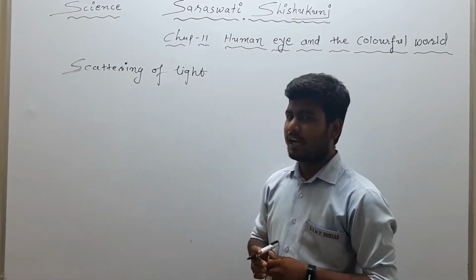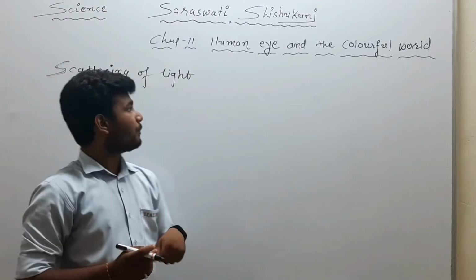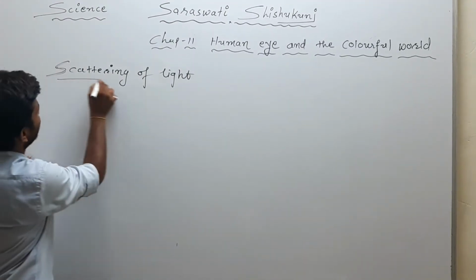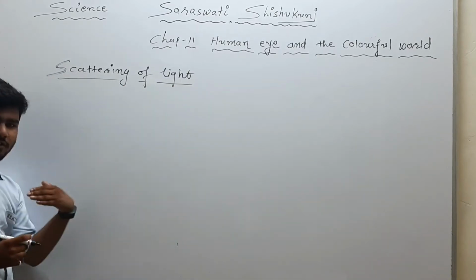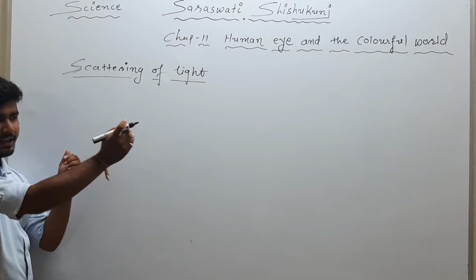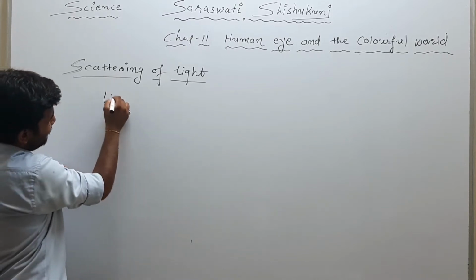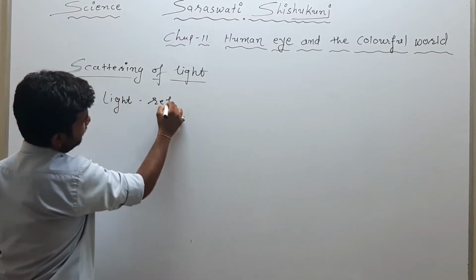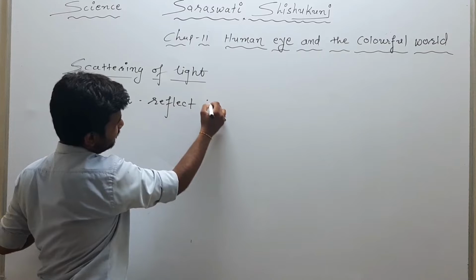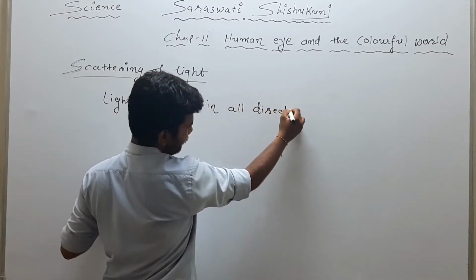So let's start our journey from scattering of light. So what is called scattering of light? We know in reflection of light, after reflecting it will go in a particular direction. But in scattering of light, light will reflect in all directions.